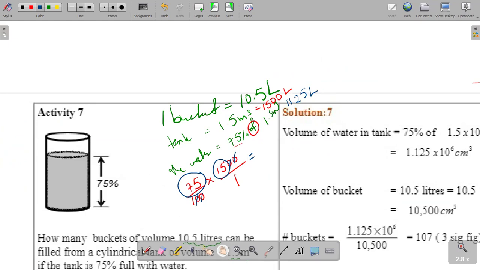Which two numbers are the most important? It's just the bucket and the water. So one bucket is 10.5 liters and the water is 1125 liters. What am I going to do with these two numbers? How do I determine how many buckets I get from the water?